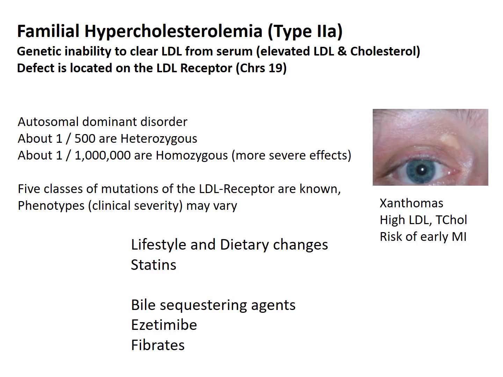The high LDL and the high total cholesterol level in these individuals place them at risk of early myocardial infarction and stroke. So these individuals need to be fairly aggressively treated with lifestyle and dietary changes. And the most important drug that these individuals go on is a statin drug.